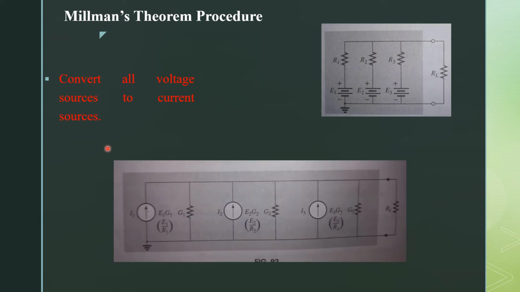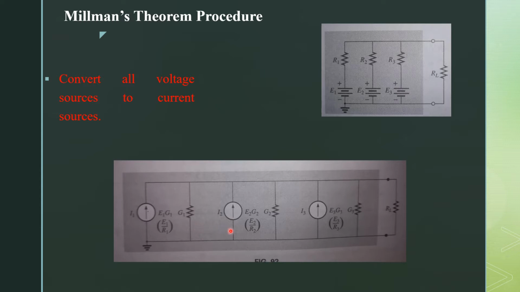So when we replace this voltage source with the current source, using Ohm's law, we will write the value of the current I1 is equal to E1 divided by R1. If we write this in terms of conductance, you can write I1 is equal to E1 into G1. G1 is basically the conductance, which is the reciprocal of the resistance.